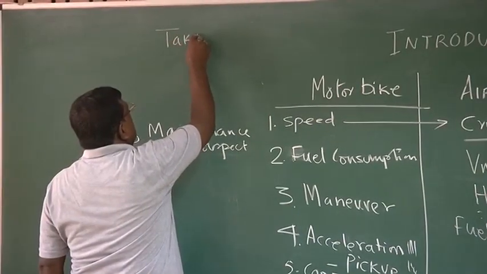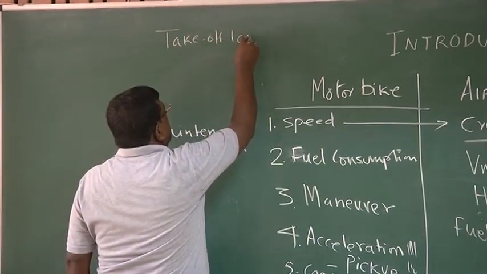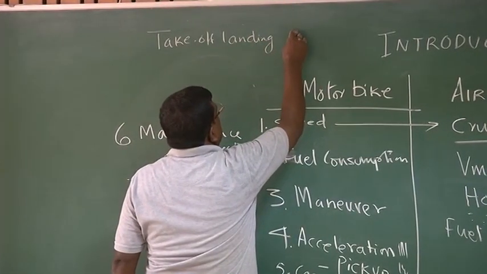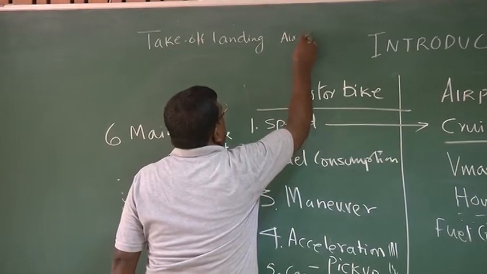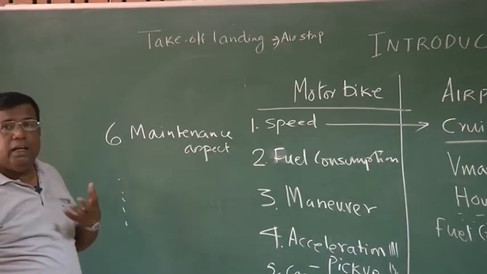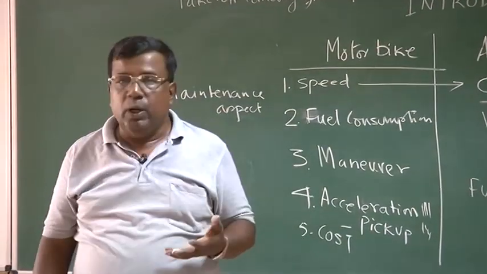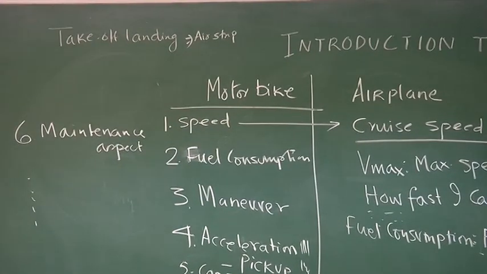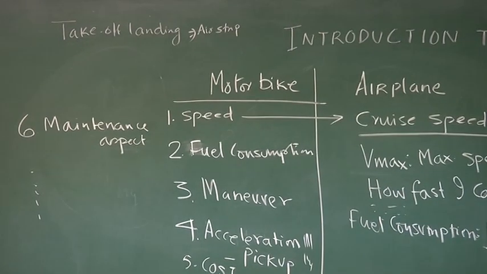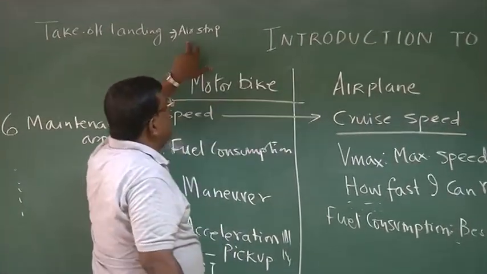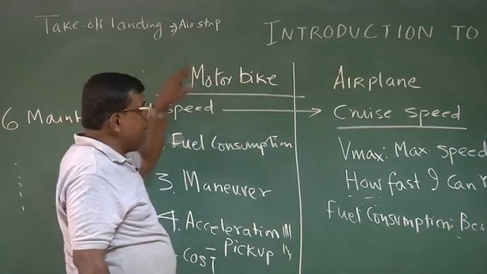You need a takeoff or landing airstrip. That is, for takeoff and landing, you need to have an airstrip dedicated, made for the airplane. It needs sufficient length for takeoff, and also for landing you need sufficient length. You may have a big airplane, but you may not have an airstrip. So for you, that airplane is of no use because you cannot take it off or land it, right?